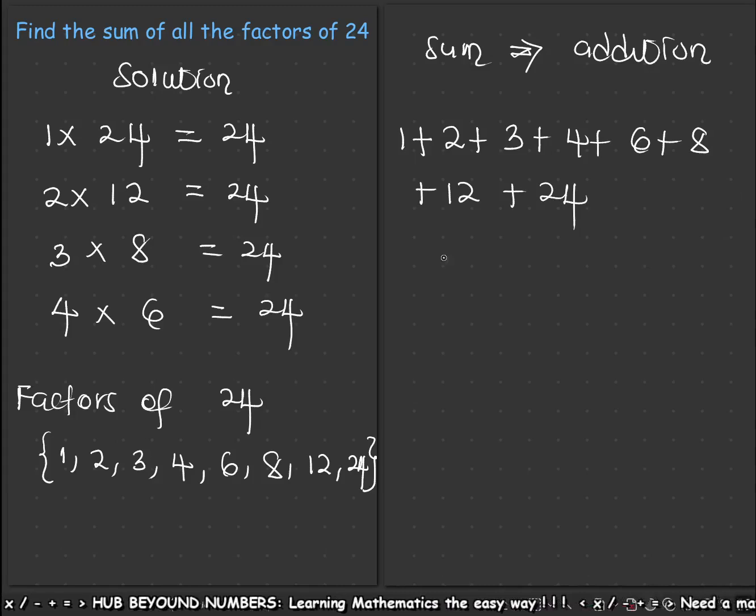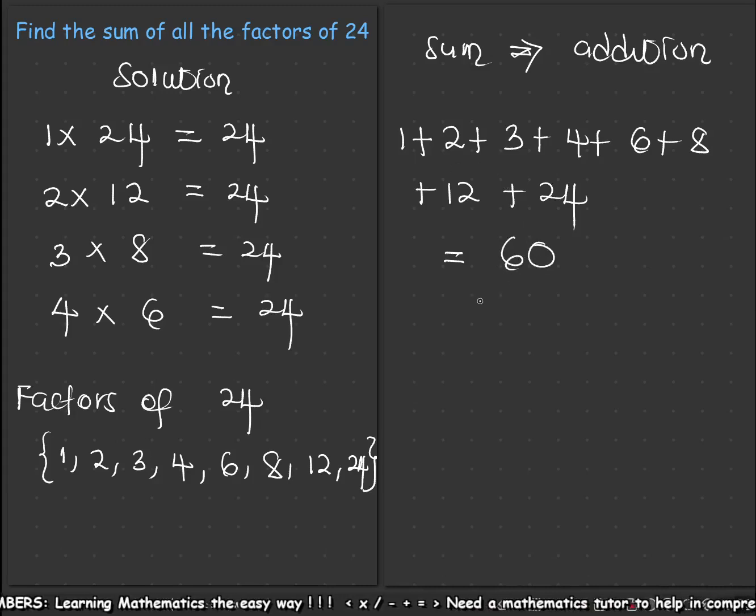And if you add all of this, you are going to get a 60, right? So we just say that therefore the sum of all the factors of 24 is what? 60. As simple as that.